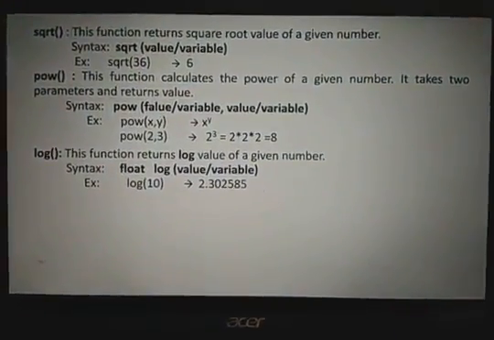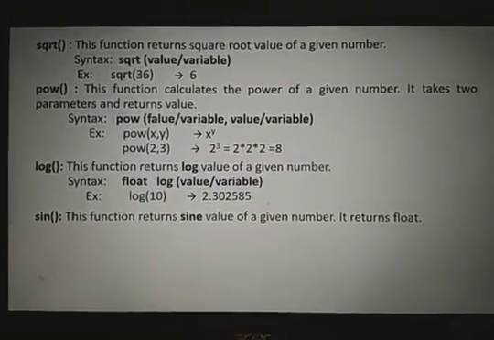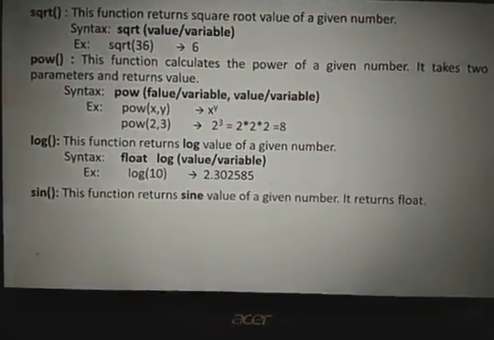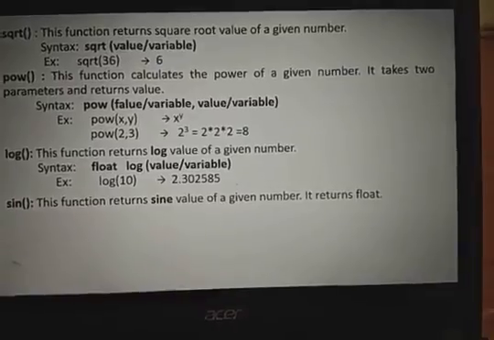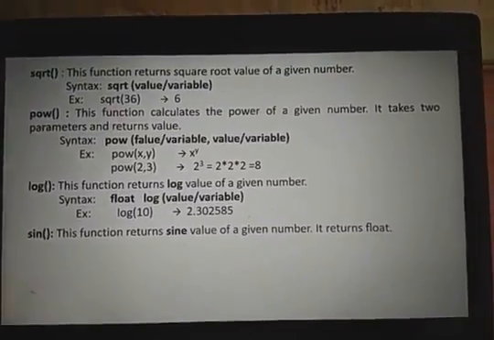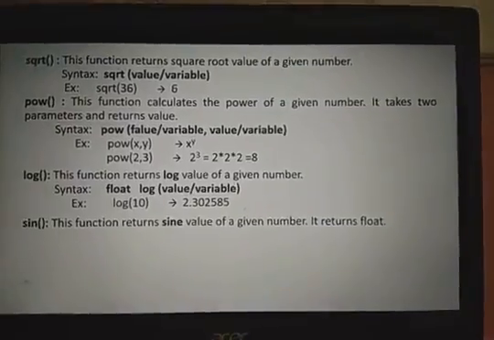Then sin theta, cos theta. We know sin 30, but I want to calculate sin 15, sin 10, sin 20, sin 35, sin 36, which we don't know. In the mathematical table we have only sin 30, sin 45, sin 60, sin 90, sin 180, sin 360.